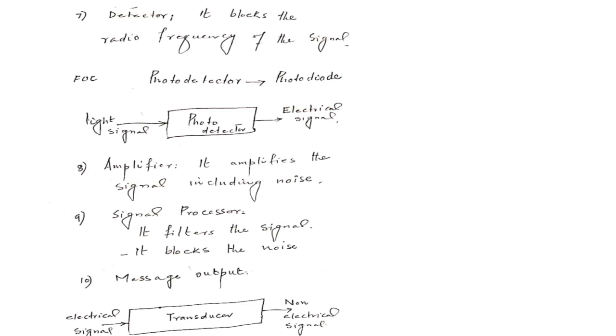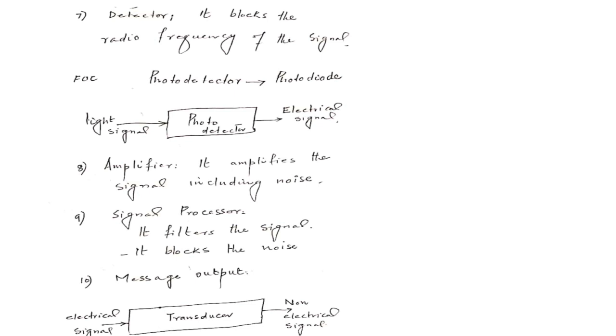Then we talk about the next minor block, which is for the signal processor. What is the function of the signal processor? It filters the signal. What does it mean?